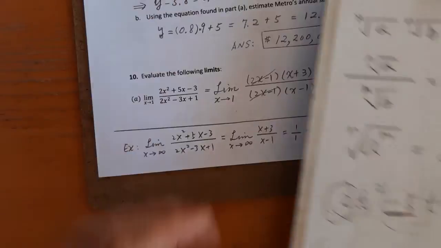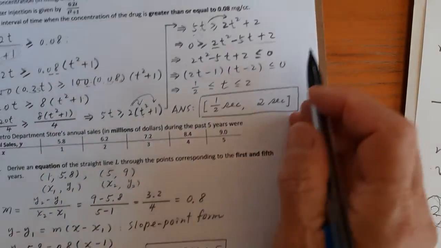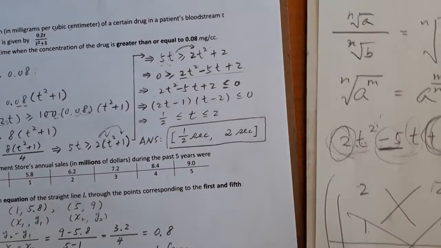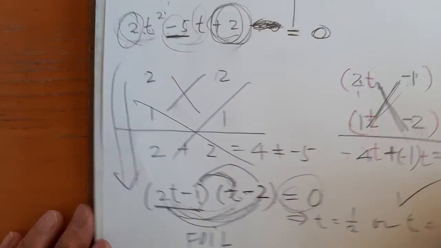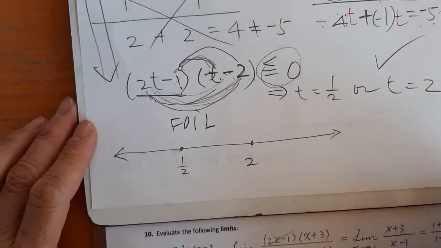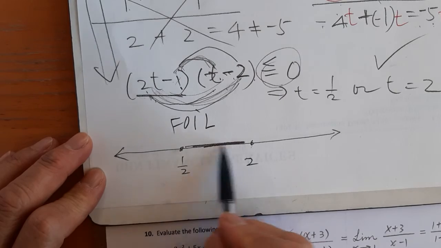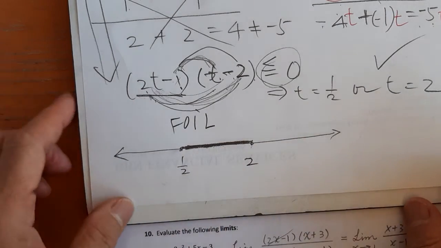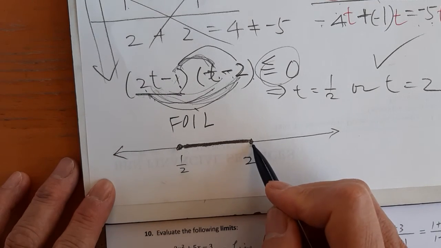And now this question wants to make it less than or equal to 0. If less than or equal to 0, the answer should be between the two solutions.